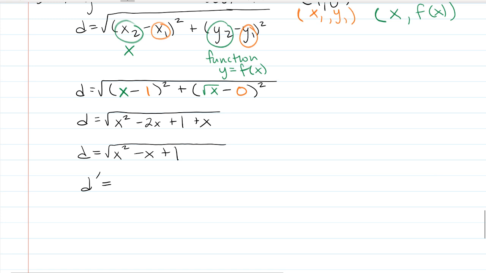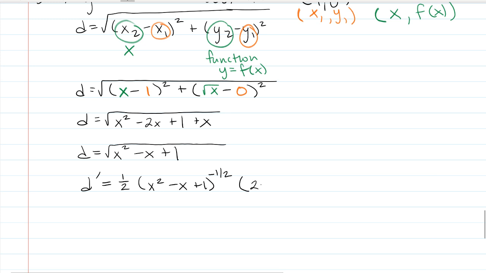So we're going to do the power rule with this radical, because the radical is the square root, so that means we're at a 1/2 power. We bring that 1/2 power in front. And then we're going to subtract 1 from the power, so we're going to end up with negative 1/2. Then we need to take the derivative of the guts.